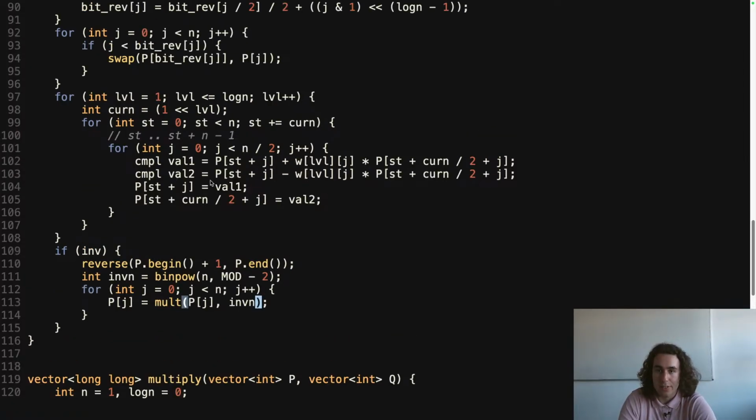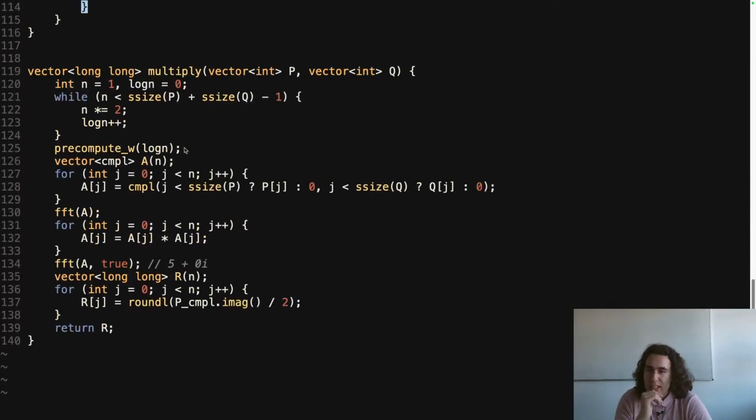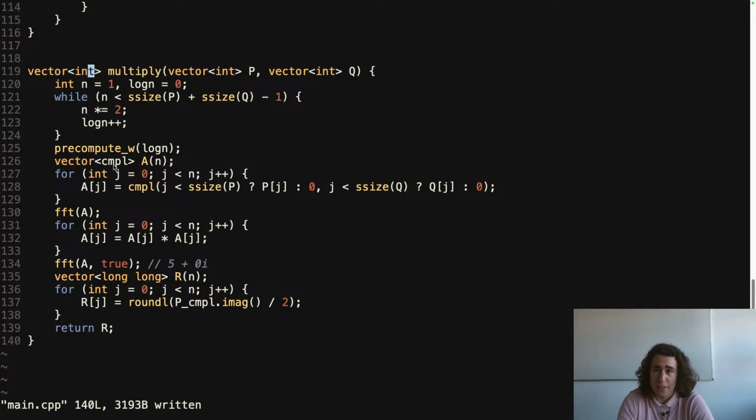And yeah, I guess I forgot that all these should also be done modulo. So this is like add, multiply, and this is subtract, multiply. And then in our multiplication, now actually we don't need long-longs because we're computing everything modulo.